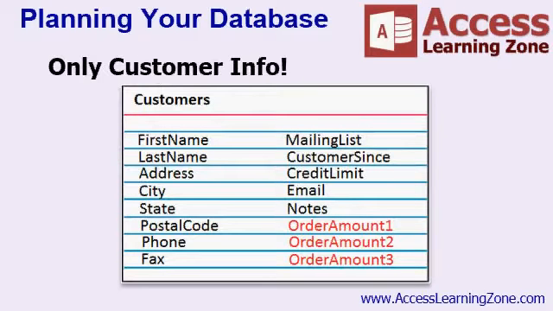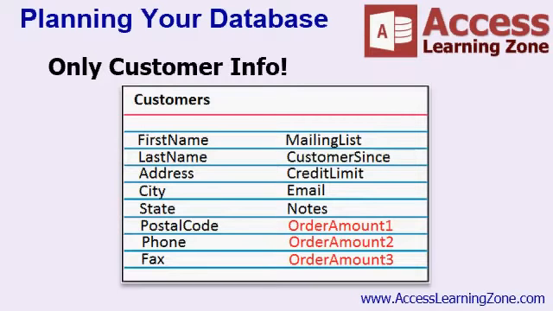Now again, you'll notice that I don't have any information in the customer table about the customer's orders. I've seen some people build databases where they put order information in the customer table. Order amount 1, order amount 2, order amount 3, and so on. Where does it end? How many order amount fields do you need in here?